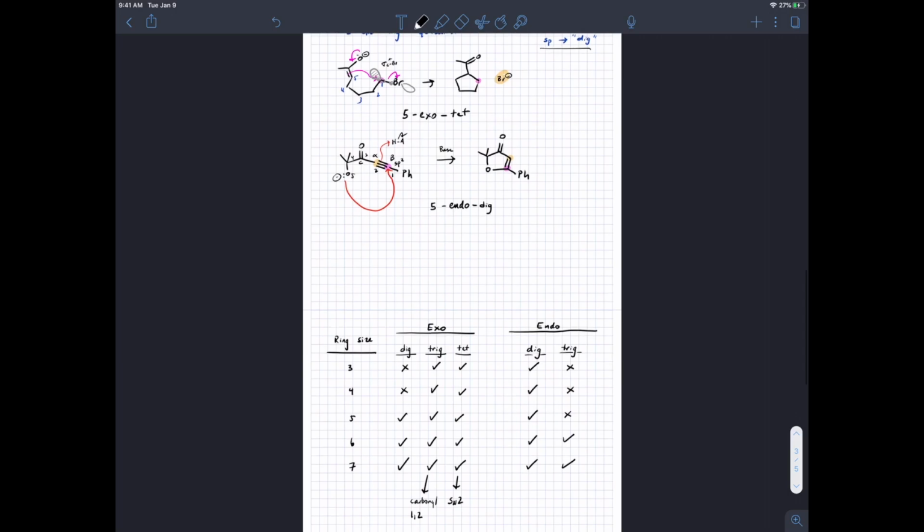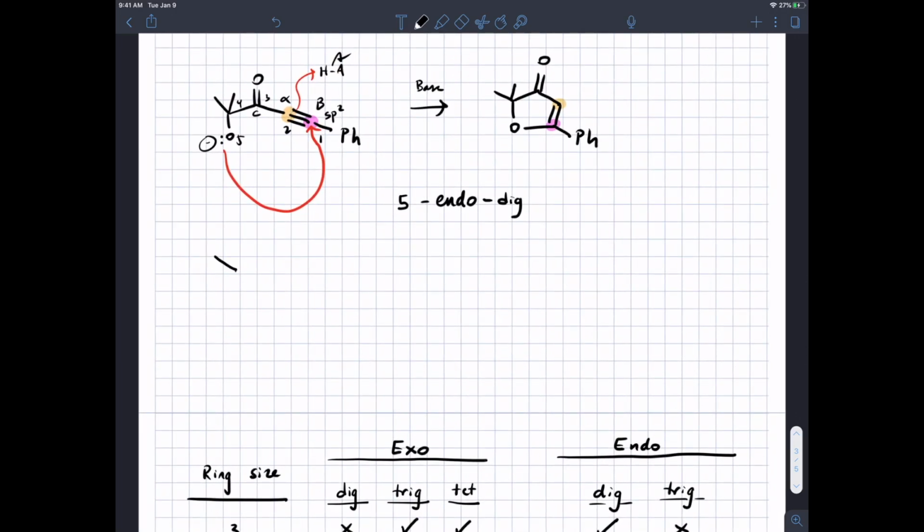That is, if you compare the situation we have here, the 5-endo dig cyclization that I showed you, and then you say, well, okay, what if we had a double bond there instead of a single bond? 1, 2, 3, 4, 5, it turns out this reaction doesn't happen, which kind of seems weird to me, again, because it seems like the molecule with the alkyne shouldn't be more flexible, but it has to do more with where the orbitals are.